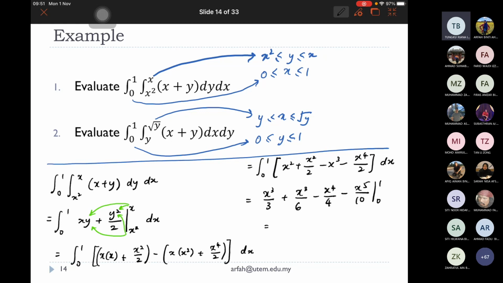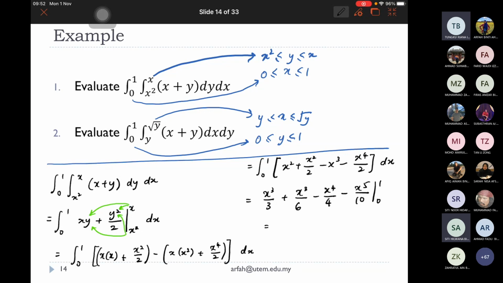So, gantikan. Cuba gantikan, berapa jawapan akhir? Okay, done.